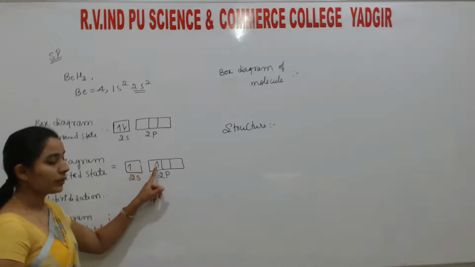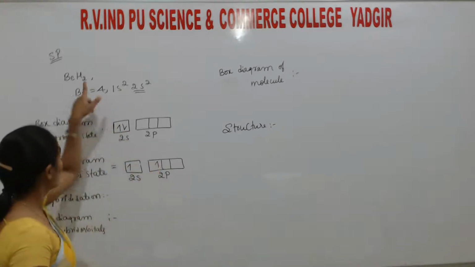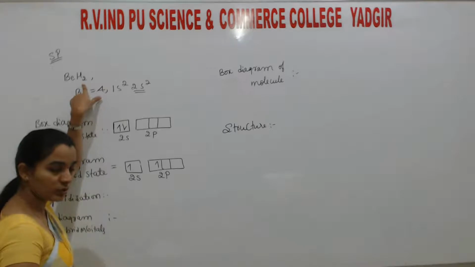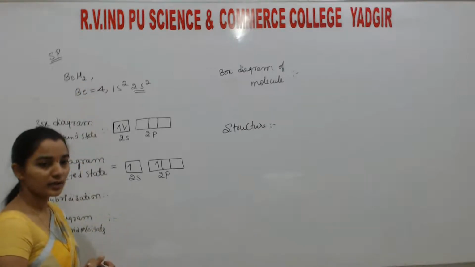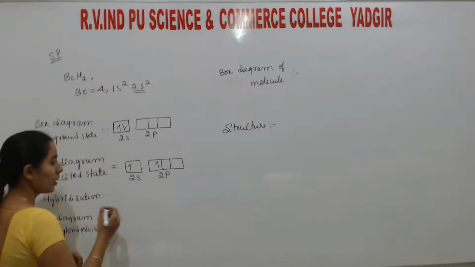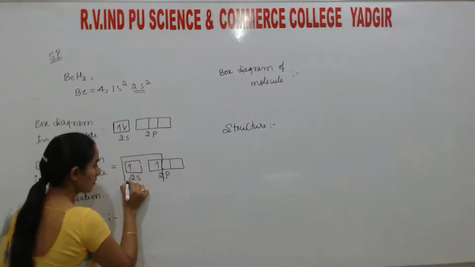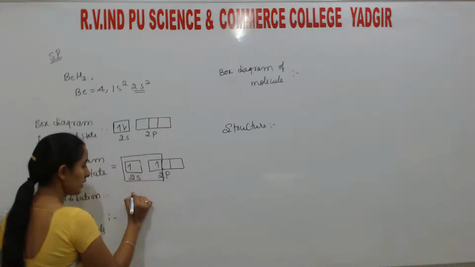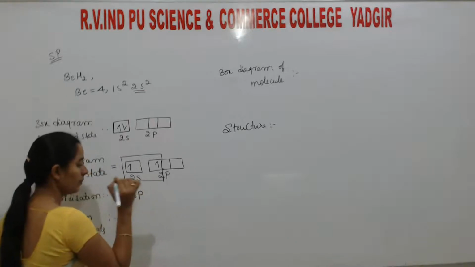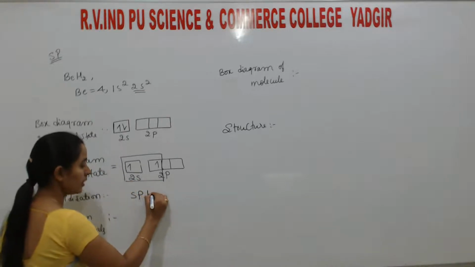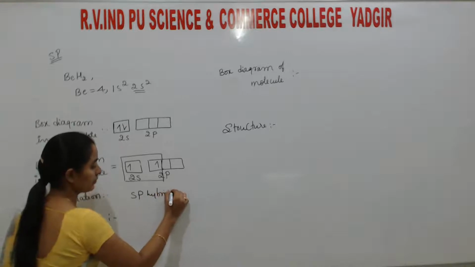Now the electrons available for bonding are 2, and the bonds required are also 2, so no need for further excitation. Then what happens? The hybridization. We require 2 bonds, so we select 2 orbitals: one s orbital and one p orbital. That is sp hybridization.